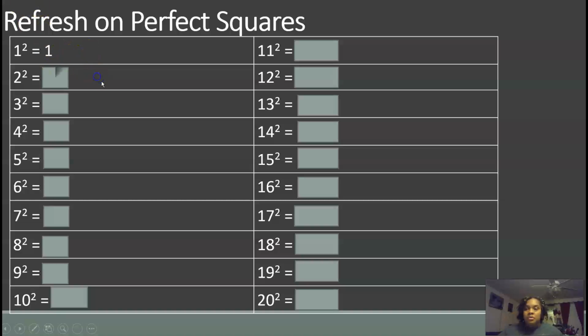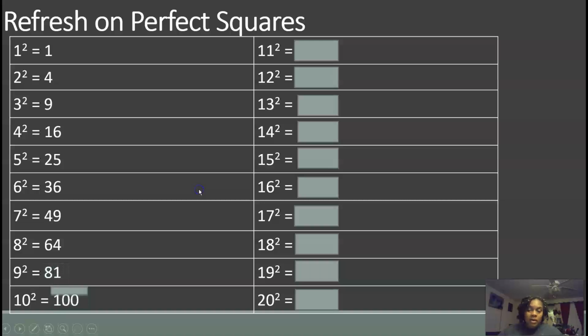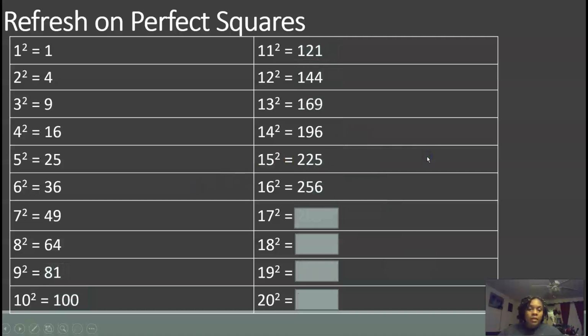So 2 times 2 is 4, 3 squared is 9, 4 squared is 16, 5 squared is 25, 6 squared is 36, 7 squared is 49, 8 squared is 64, 9 squared is 81, 10 squared is 100. If you keep it going, they will all be there for you.